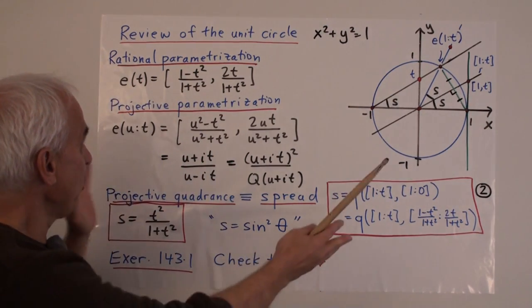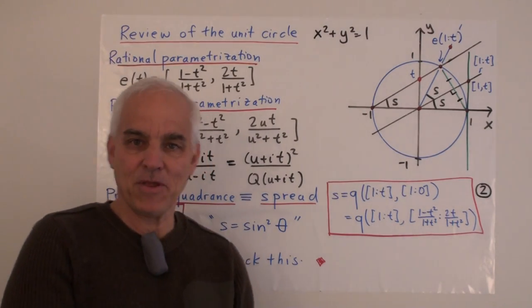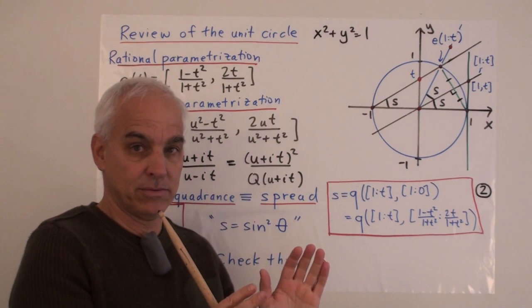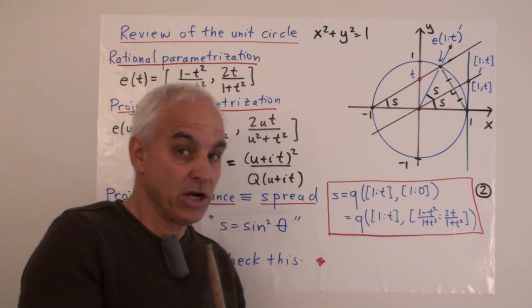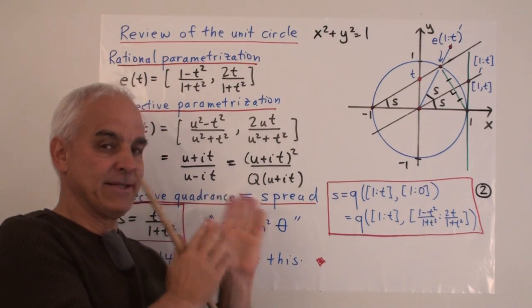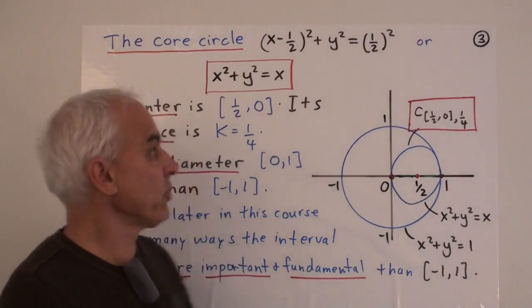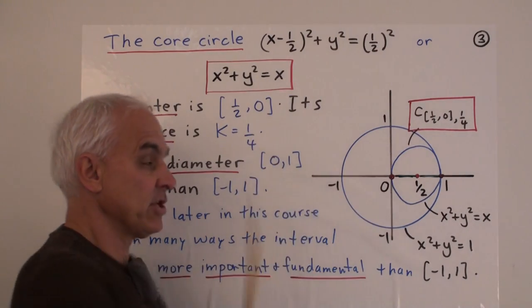Alright, so this is a quick review of hopefully things that you've become very familiar with regarding the unit circle. Now we want to change gears a little bit and look at this core circle from roughly the same kind of point of view. The core circle is defined by this equation.